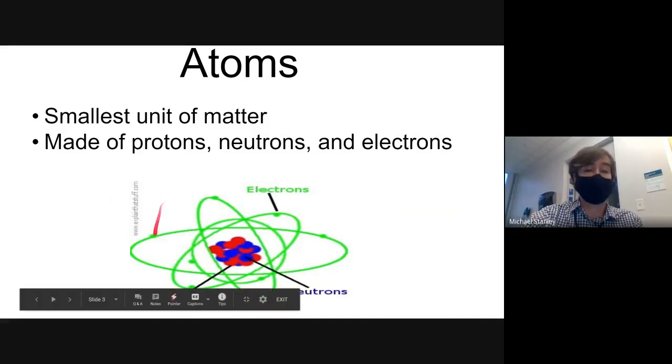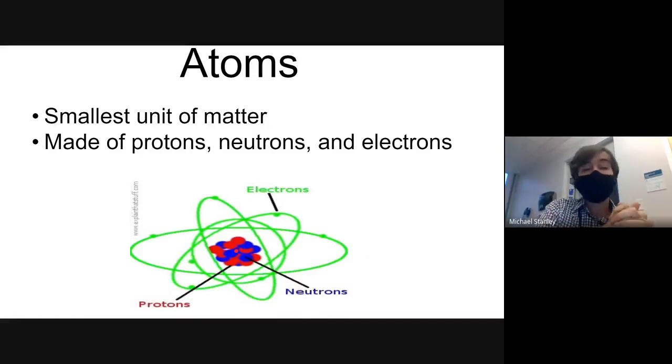We have this outer section over here that has all these green rings swirling around it, and this inner section right here that has all of these little particles that are all bunched up inside of there.